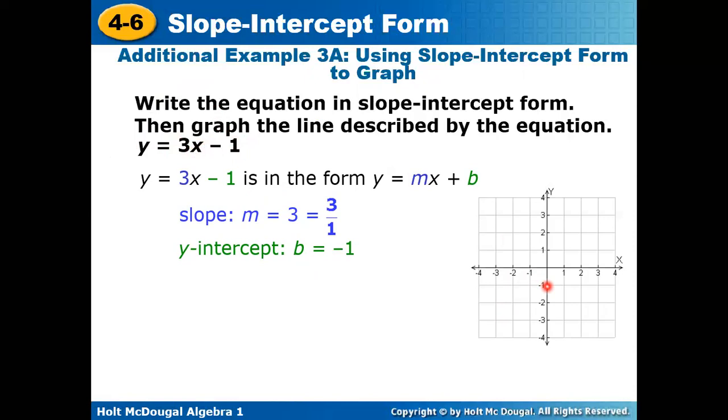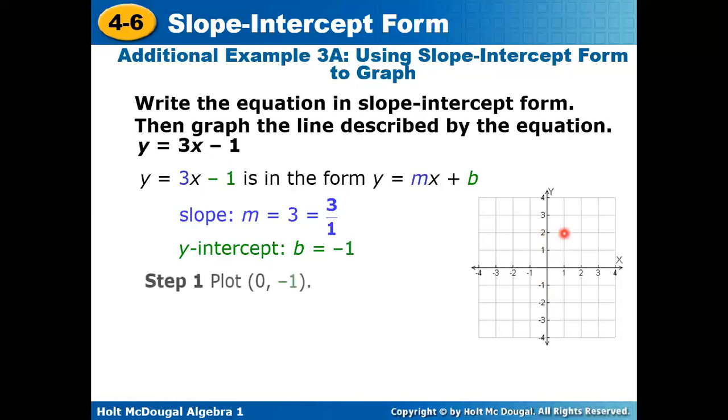It means the change in y is 3 and the change in x is 1, or the rise is 3 and the run is 1. The change of y is 3, it means go up 3 steps, 1, 2, 3. Then 1 step to the right. So the first point here, the second point here, and then join them.